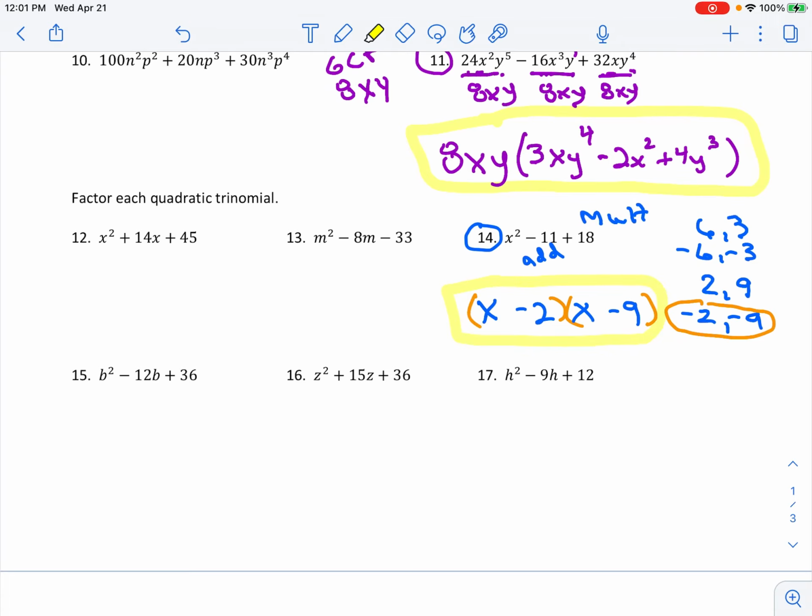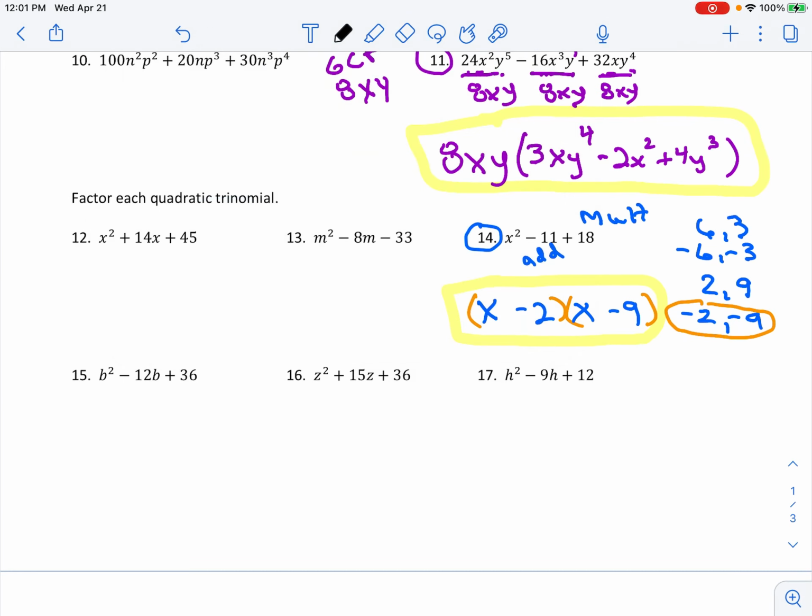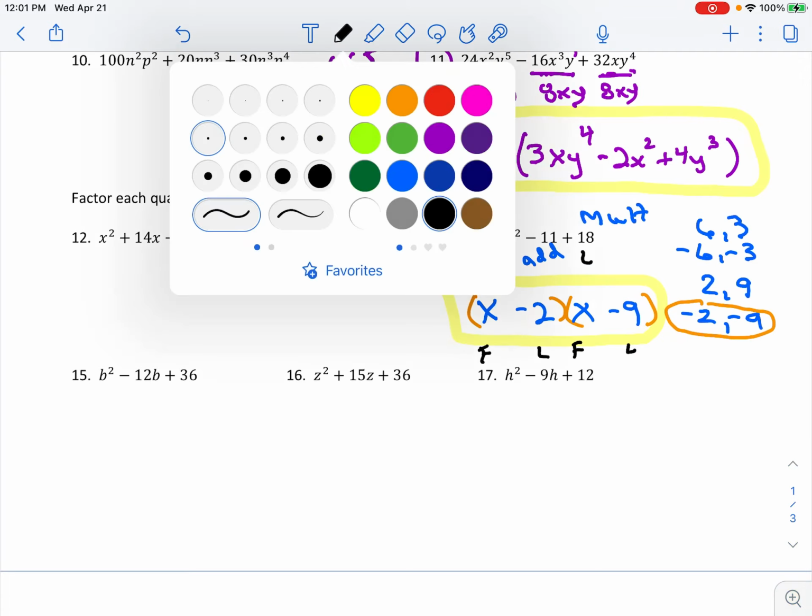And remember, I've tried to talk about this several other times before. When we do the guess and check method, it's really important. But remember, the first term times the first term in each parenthesis always is going to equal the first term in your quadratic trinomial. And the last term times the last term is always going to equal the last term.